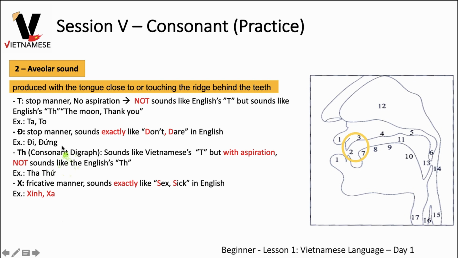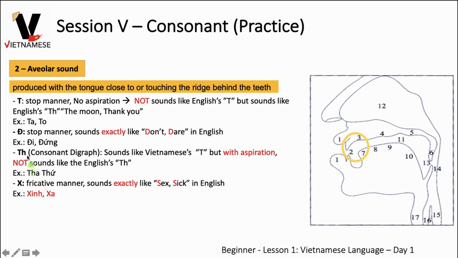Okay. The next one is a consonant digraph, TH. This sounds like Vietnamese T, but with aspiration. So it sounds like th.